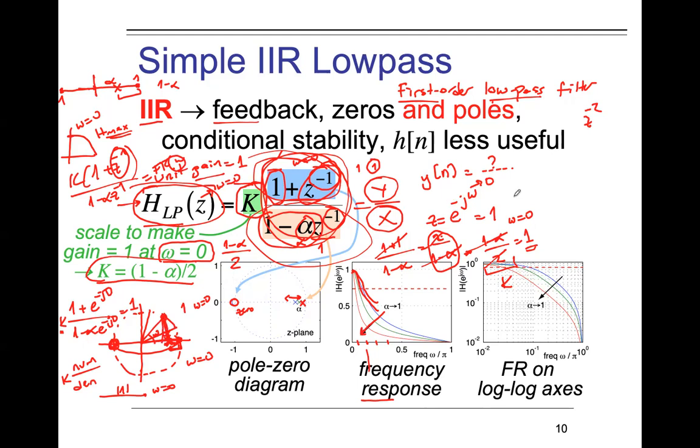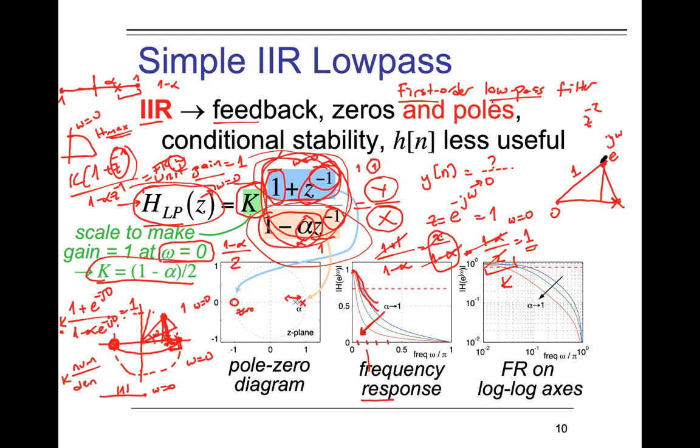Yani biraz daha geniş çizecek olursam. I am trying to find out the distance between this point and my pole. This is the origin. This is 1. This is my point, e to the power j omega. Okay?